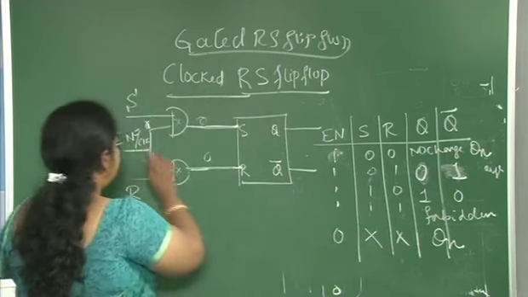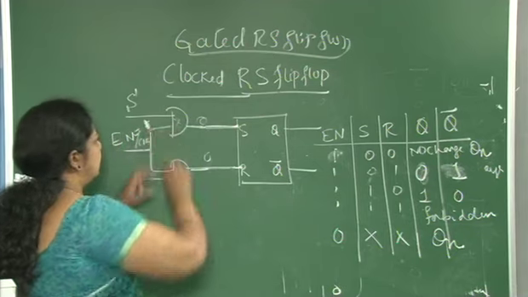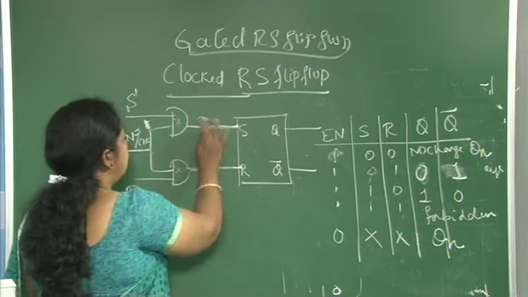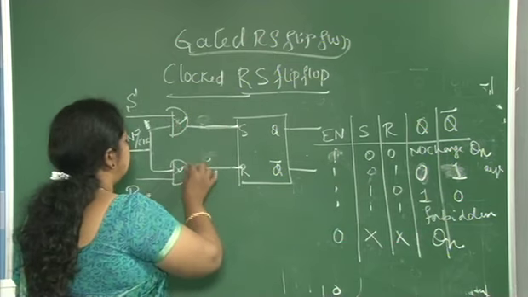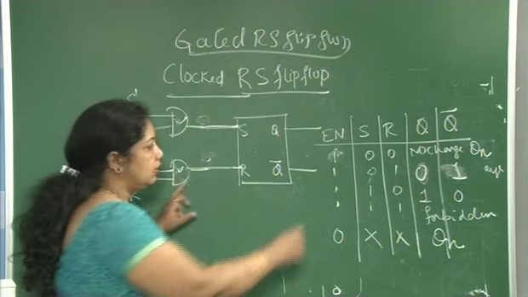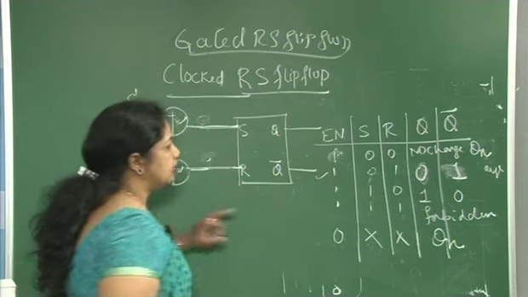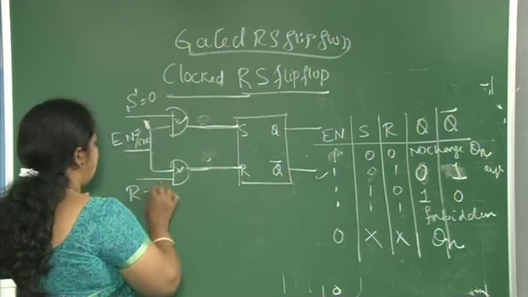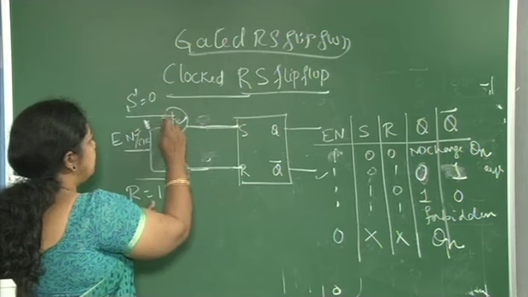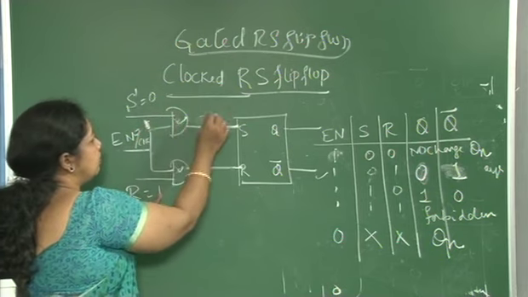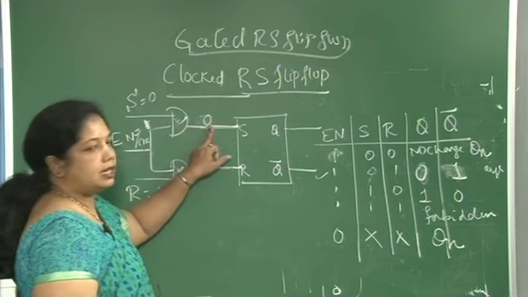If I make enable high, logic 1, then both the AND gates are enabled, and based on what inputs you are giving, let me take an example: S is equal to 0, R is equal to 1. One of the inputs to the AND gate is 0, so the output of that AND gate is 0.